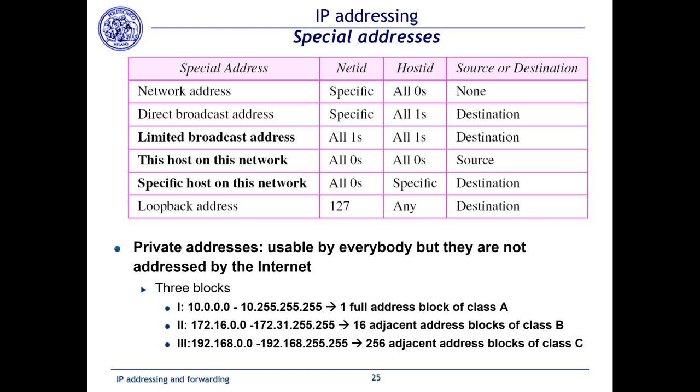When packets get out of this enclave, this part managed with private addressing, they must undergo an address translation using, for example, a NAT or so.